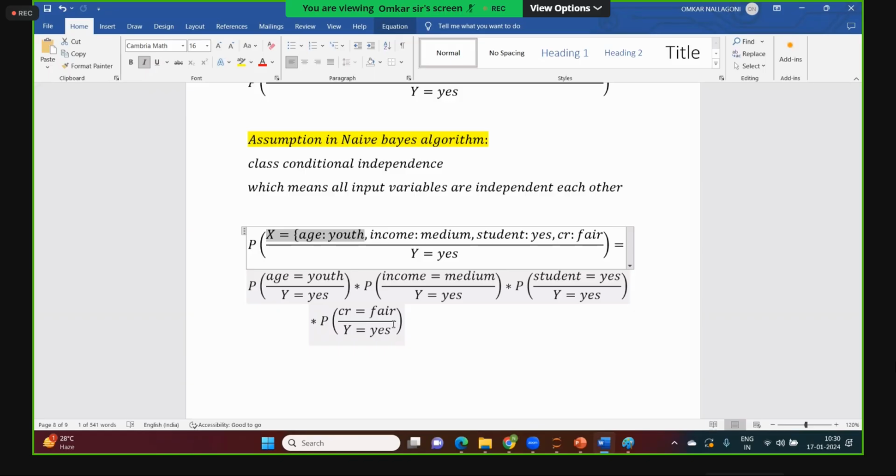So if you want to prefer Naive Bayes, what is your assumption? Class conditional independence. Now let's find out this. What is the meaning of independent? These are all interlinked. A intersection B. P of A intersection B is equal to what?